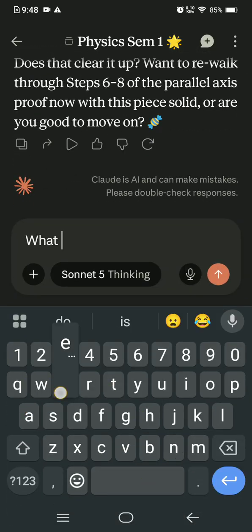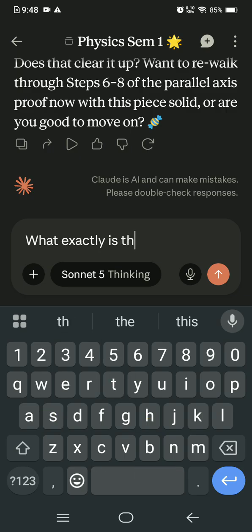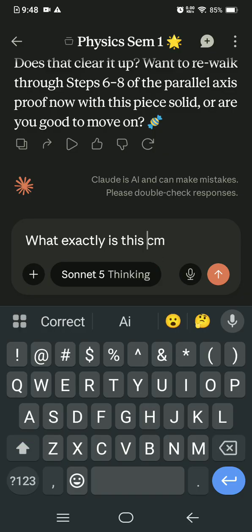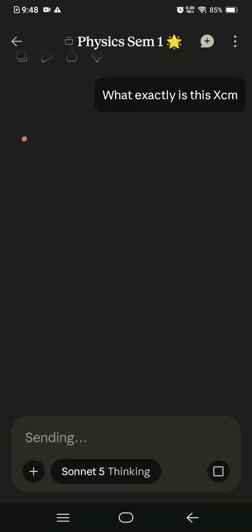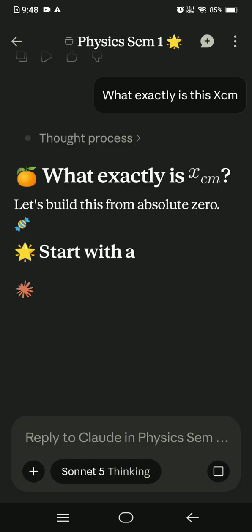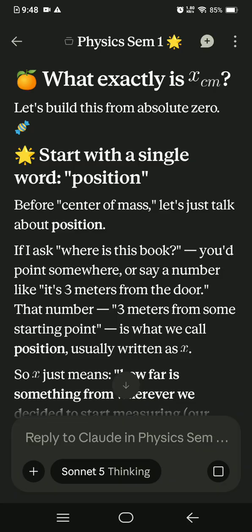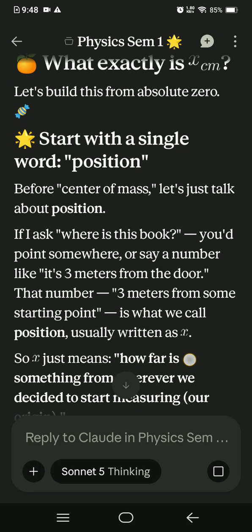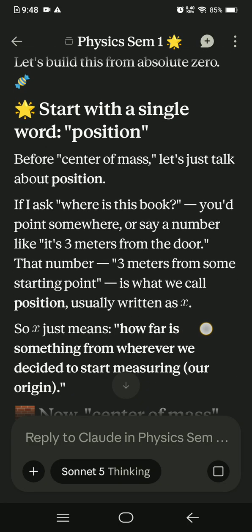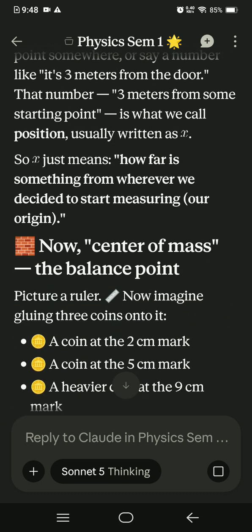What exactly is this x_cm? Is it distance from the center of mass? If I ask where is this, would you point somewhere, like the center of mass, the balance point?